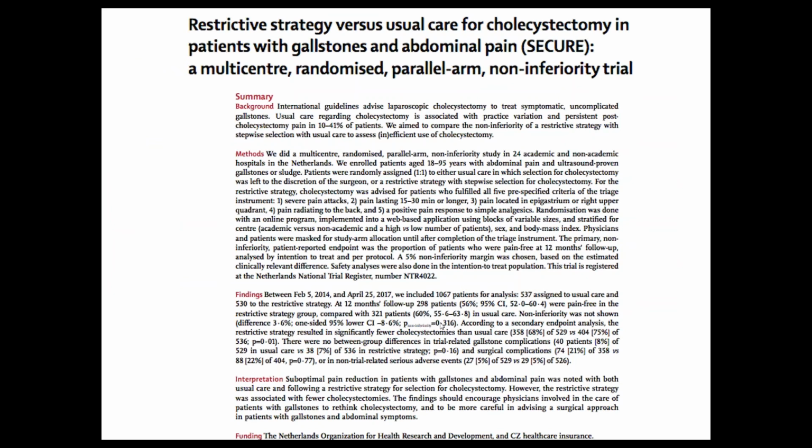The next study in the Lancet involves a randomization of patients that have cholecystitis to sending them to surgery, or a more watchful waiting kind of approach.